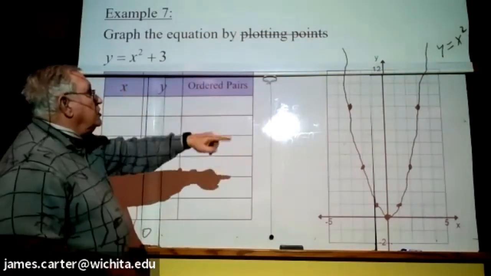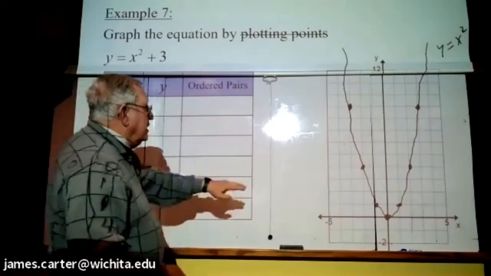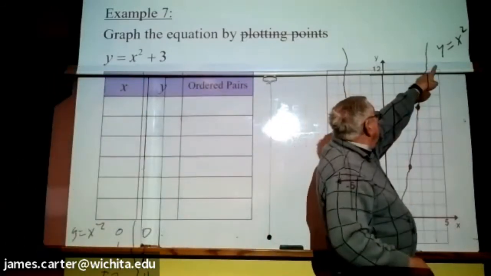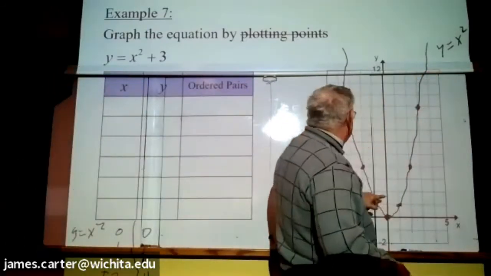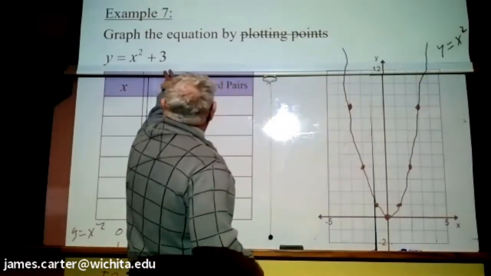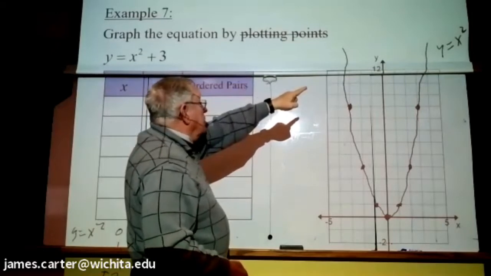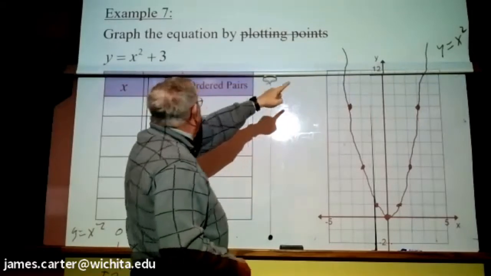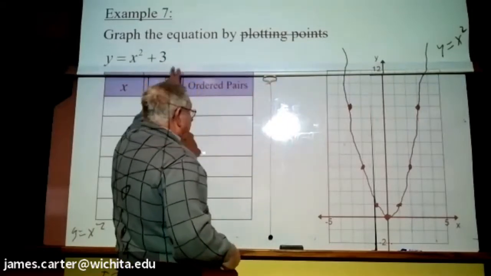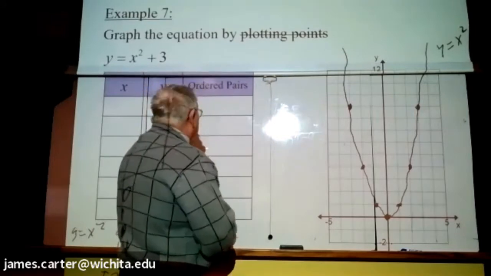Actually, this equation right here is that equation. This one would have one variation. What's the difference in the equation over there and the equation here? It has this 3 added.